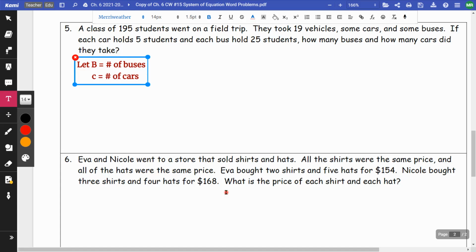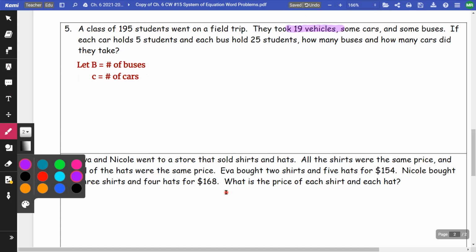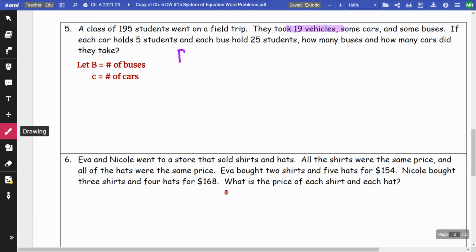One equation is going to be that there were 19 vehicles total. So for that equation, I'm going to write B for the number of buses plus C for the number of cars is equal to 19.